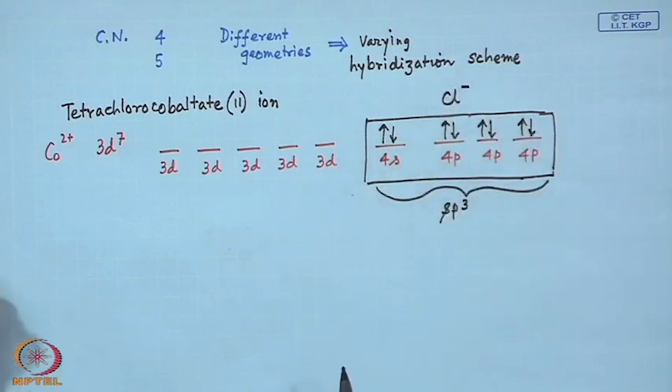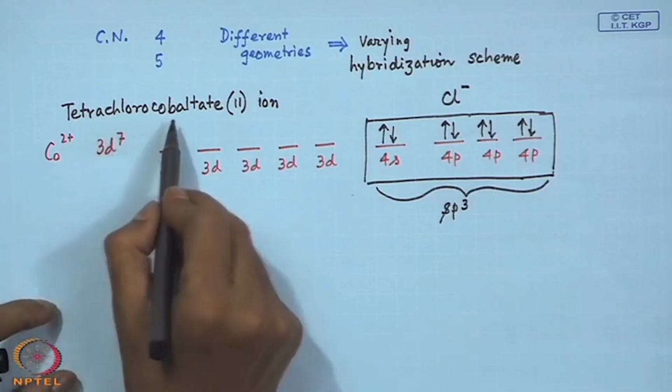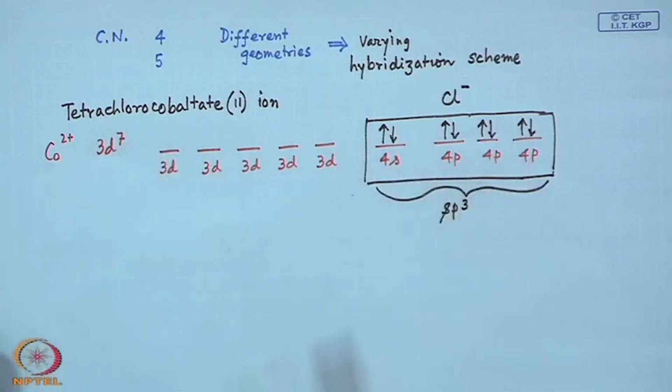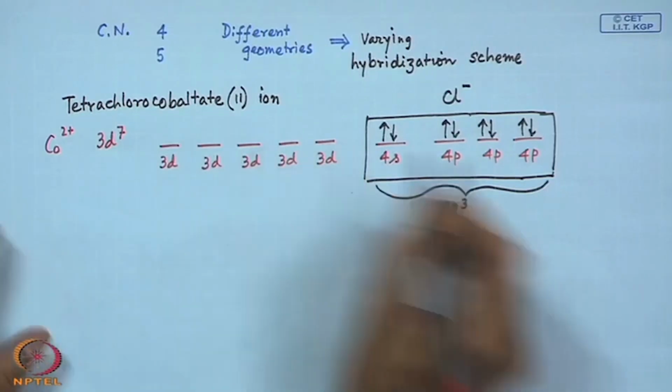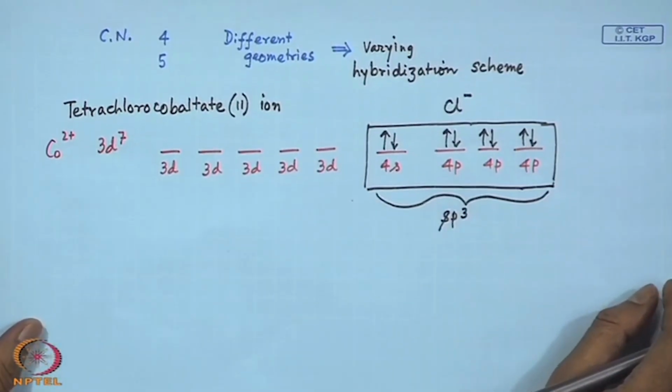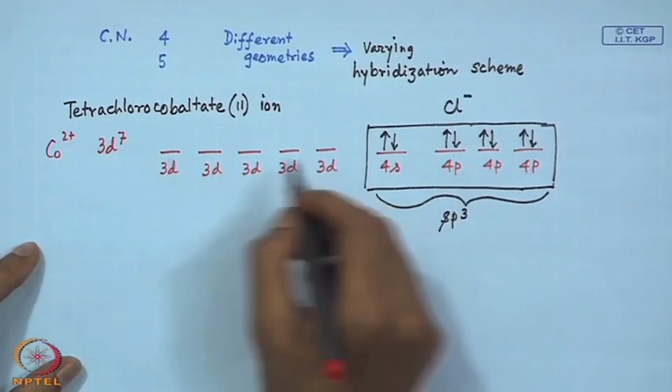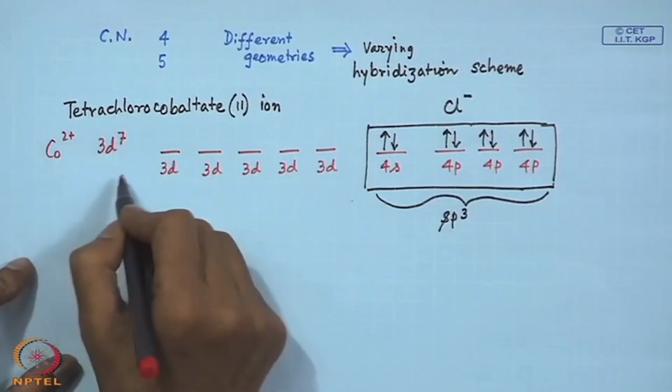So 4 such Cl minus around the cobalt center are donated to these particular sp3 hybridized orbitals. So the remaining 7 electrons which were originally present with the cobalt center will have the same free ion electronic configuration.